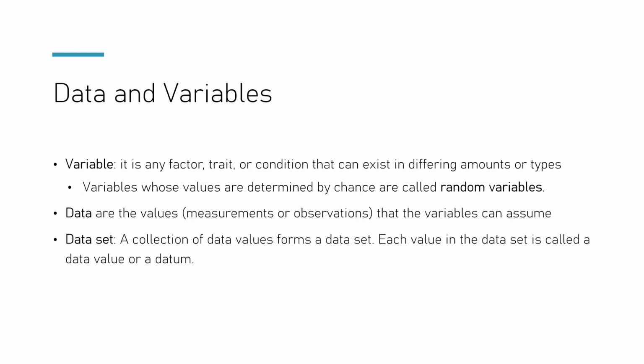All right, so let's first understand what is data and what are variables. Now, variable is any factor, trait, or condition that can exist in differing amounts of types. Now, variable whose values are determined by chance are called random variables.